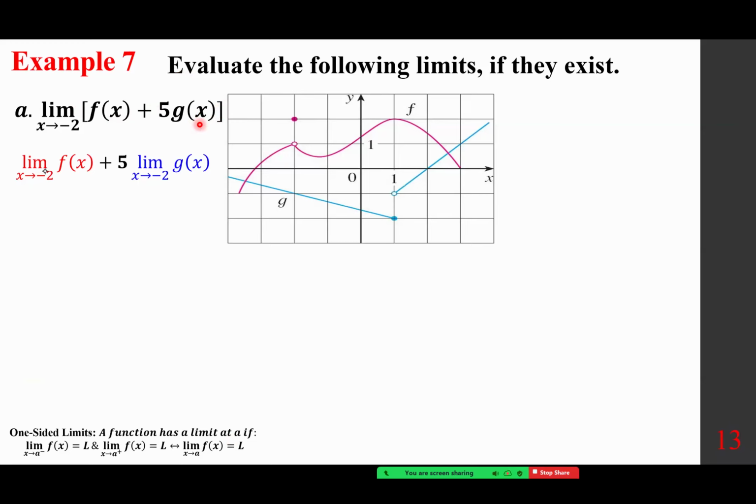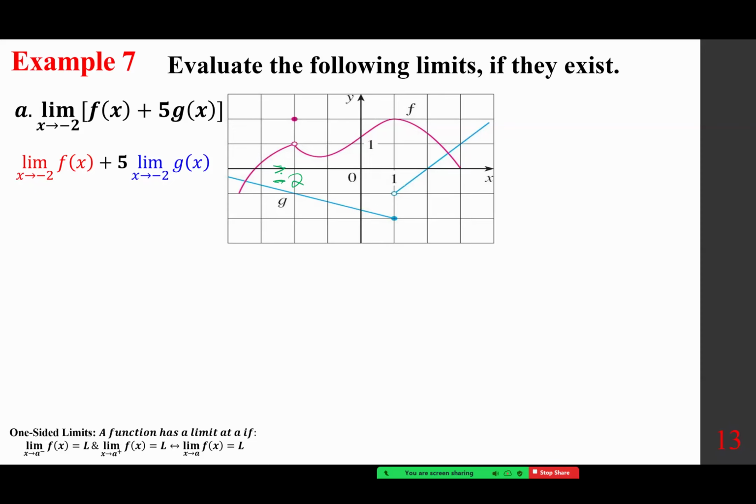So we look at each case. The red function is f of x. X is approaching -2. So here's the number -2.